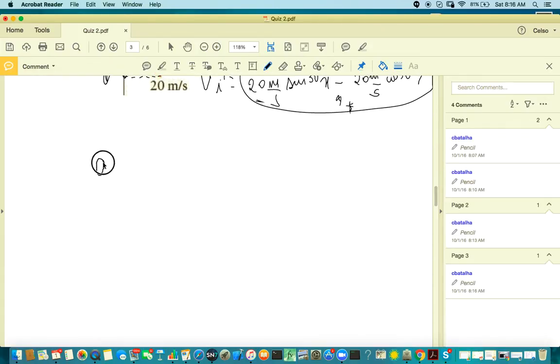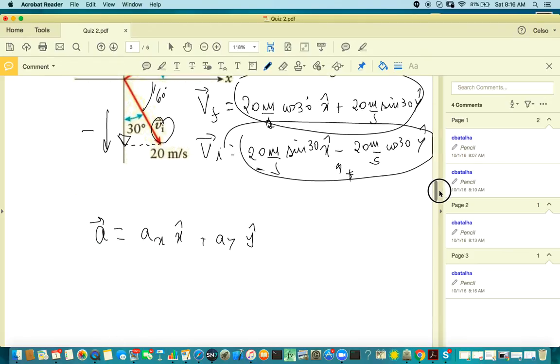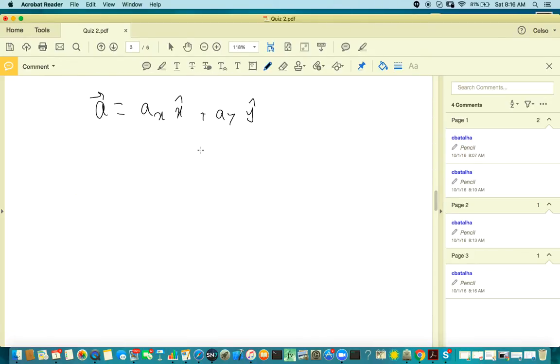And then you have your acceleration, given as something in the x direction plus something else in the y direction. That's your solution. Sometimes I might ask for the magnitude of your acceleration, and the magnitude is given by this much, right?